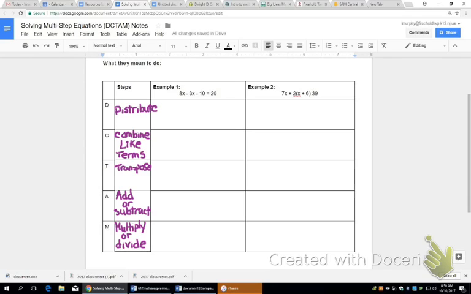Okay, so DCTAM: distribute, then combine like terms, then transpose, then add or subtract, and then multiply or divide.